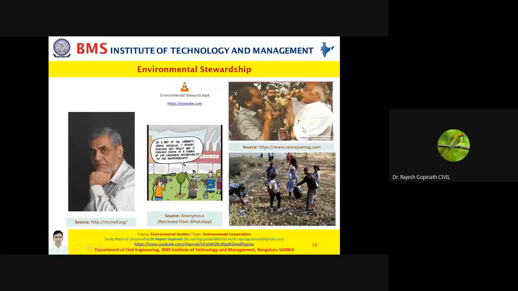Now here you have the then environmental minister under Manmohan Singh, Mr. Jairam Ramesh. He's also a form of environmental steward. Here you have an activist, a gentleman who is talking to this minister about some environmental problem. He is also an environmental steward.